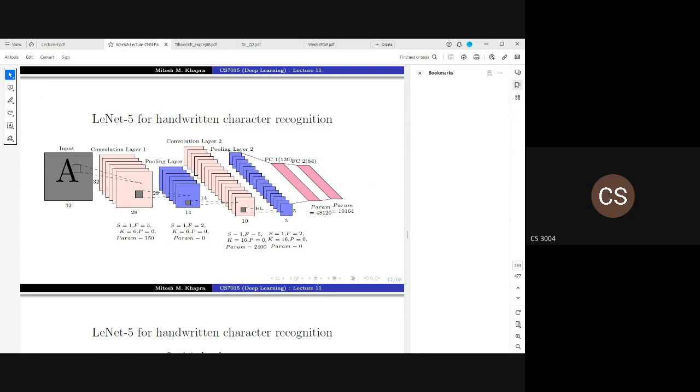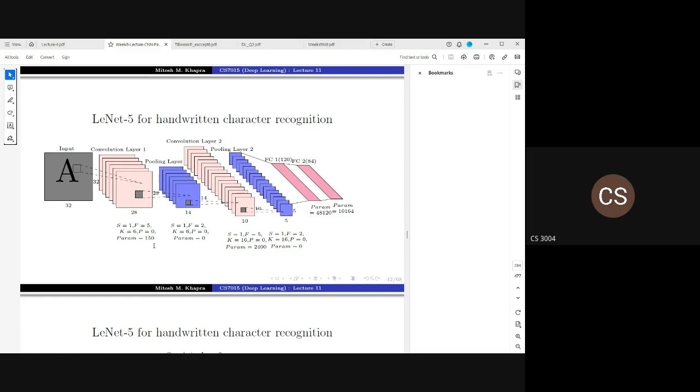Okay, from the diagram, let me start with the first convolution layer. The input is going to be 28. It's convolution layer 1. What is the depth? The depth is 1. 5 by 5 filters, 6 of them, so 5 into 5 into 6. That is clear. Here the filter size is 2, but it's not parametric.